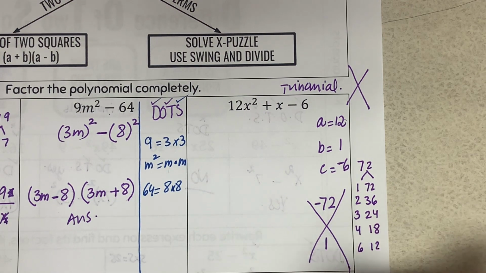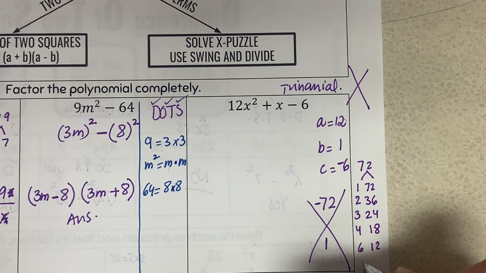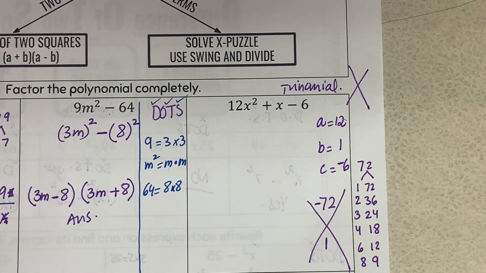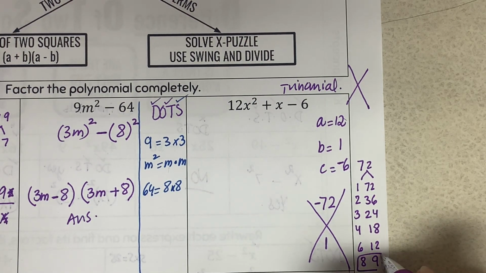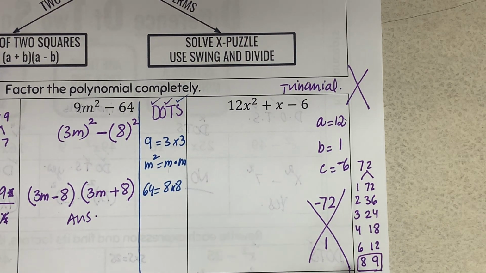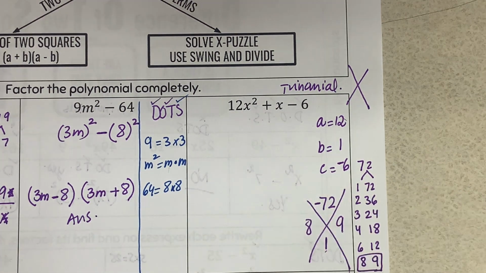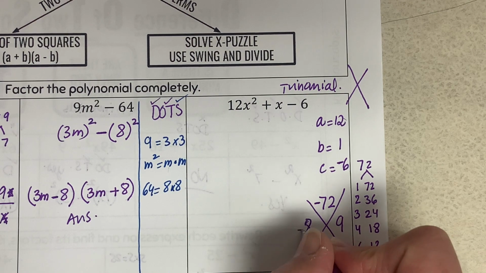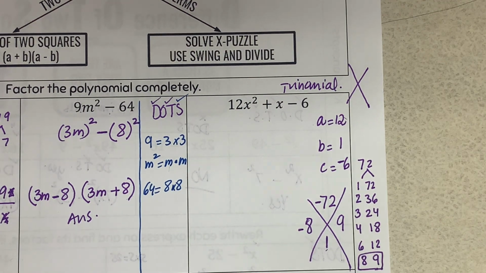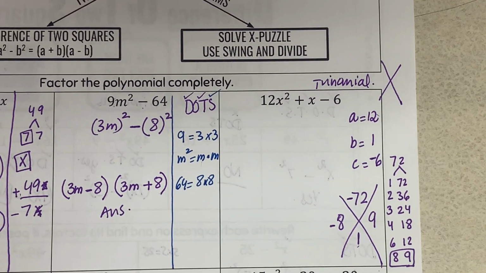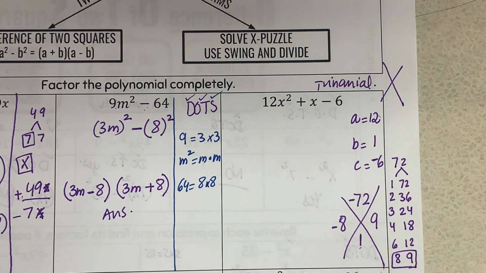Yes, 6 and 12. 7, no, but it goes on 8. 8 times 9. This looks like my pair because the difference should be 1. I have it. I need negative 1 when multiplied and positive 1 when added. It should be like that. Minus would go with the 8. So I have my X puzzle.